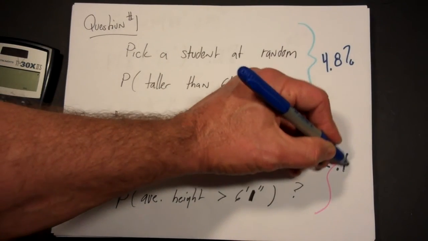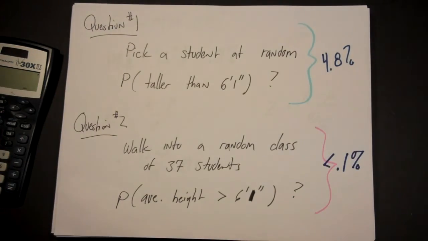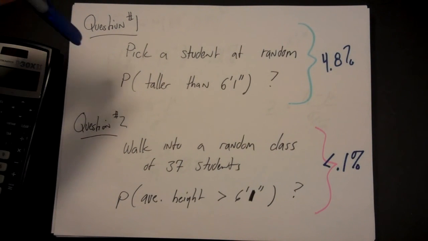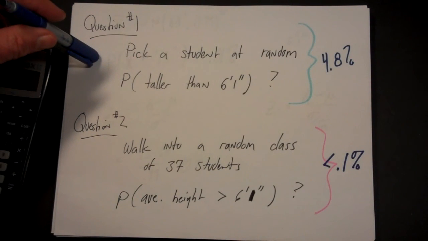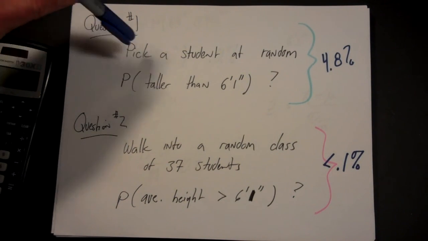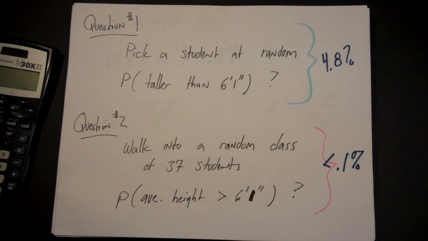That's going to be less than 0.1%. And that kind of matches our intuition. We might be surprised at how different they are, but the key to understanding a lot of what you're going to do in statistics, both in this class and future classes, is understanding the distinction between these two problems.